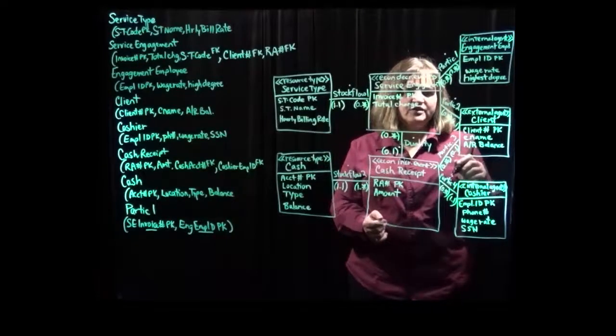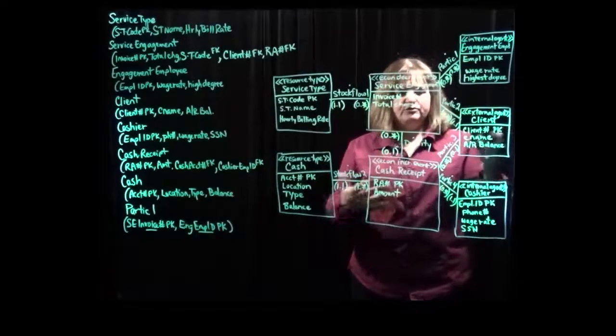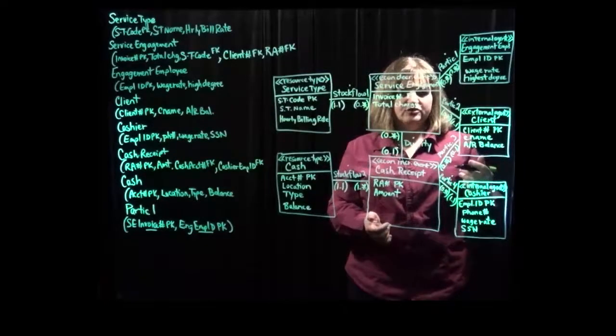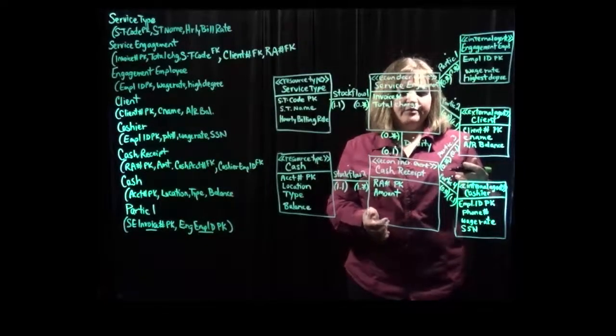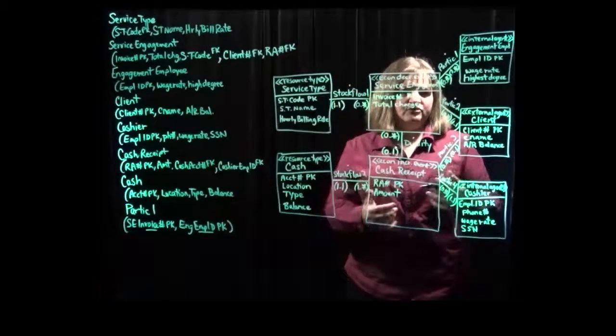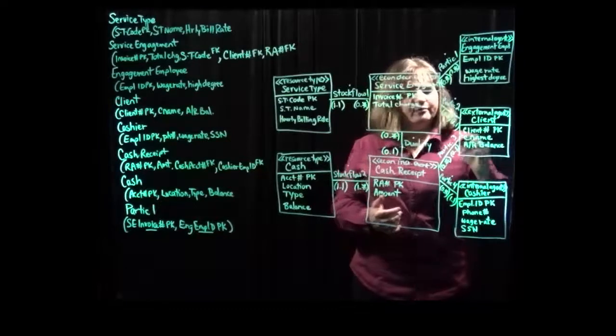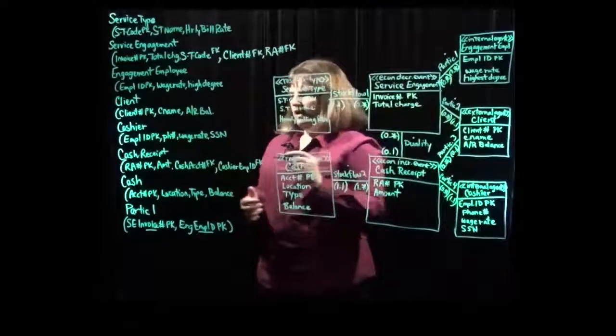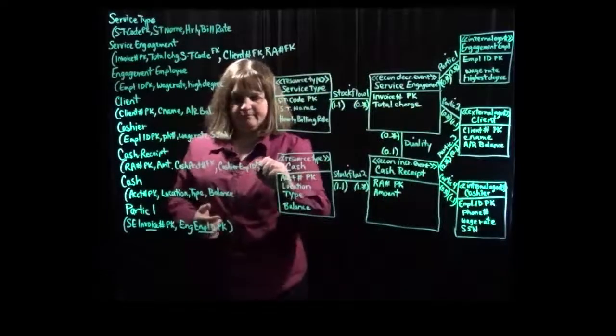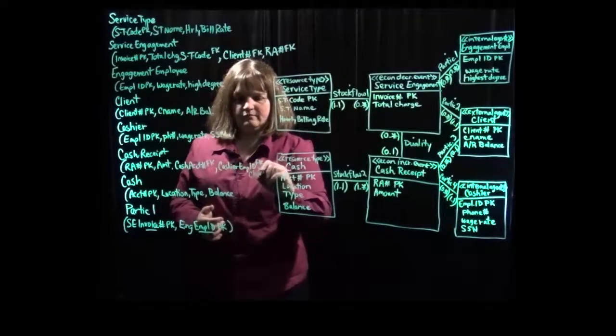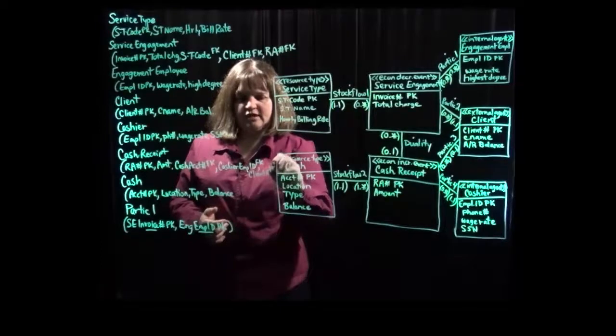So the question is, what percentage of our cash receipts come from clients as opposed to other sources such as bank loans? And it does tell us in the problem that most of the cash receipts do come from clients, and therefore we would be fine posting the client number into the cash receipt table. Again, as a foreign key.